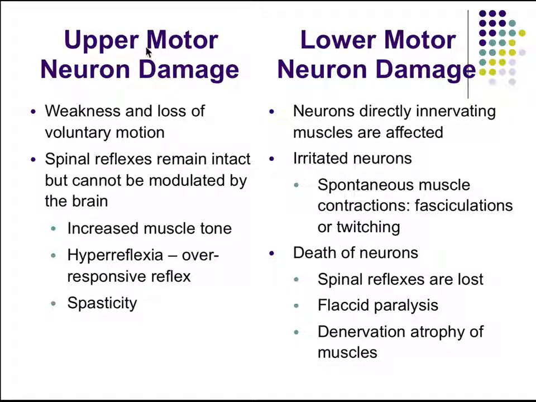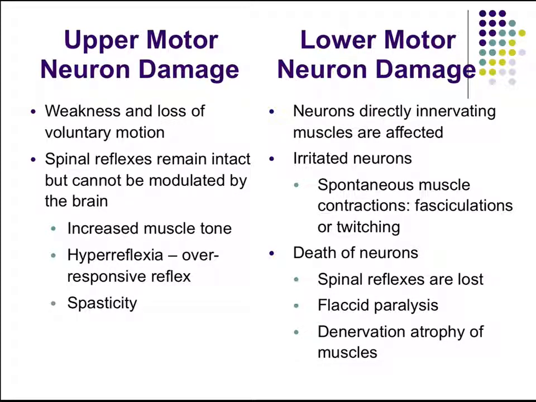For example, with upper motor neuron damage, again, these are the neurons in the brain, obviously you're going to lose voluntary motion because you're not going to even start any signals going down the spinal cord to our muscles. So you'll have weakness and loss of voluntary motion. However, our spinal reflexes will still remain intact.